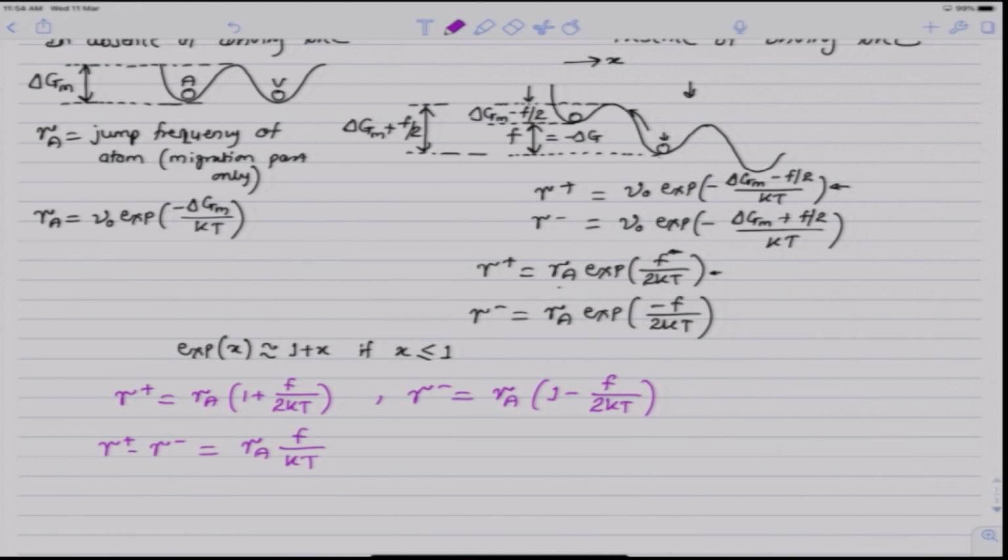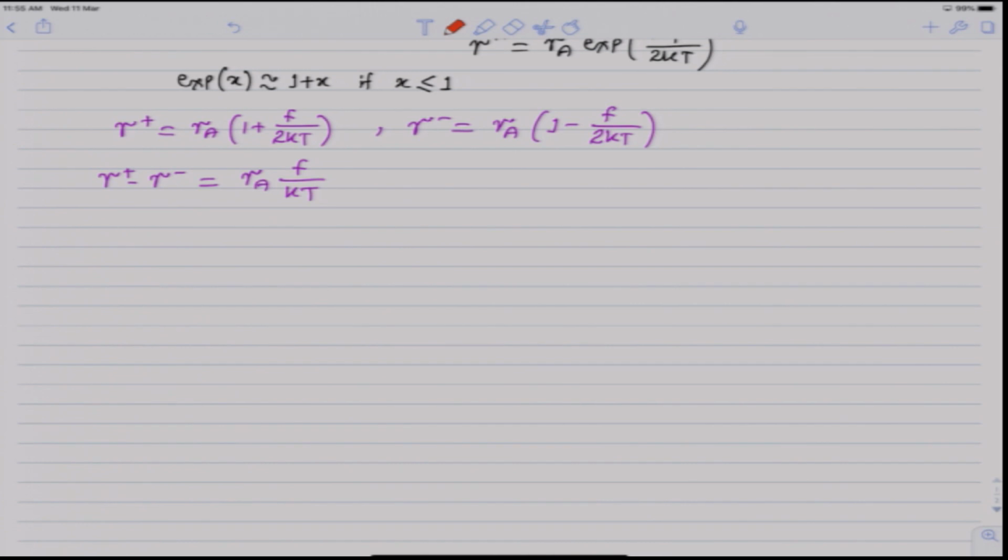So, if we consider two atomic planes, let us say plane 1 and plane 2, and the distance between the two planes is lambda. So, each plane can be thought of as surrounded by an element of volume lambda if we consider unit cross sectional area.